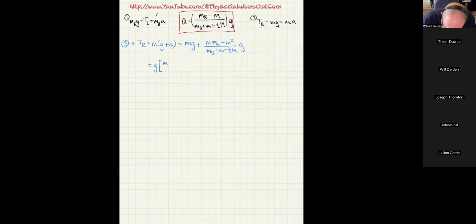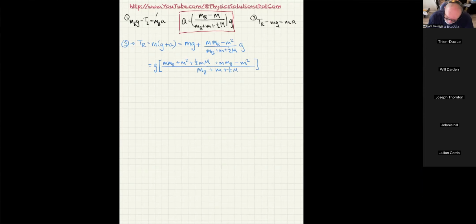So this is going to be M times MB plus M squared plus 1 half M times big M, all of that divided by the new denominator, which is MB plus little m plus 1/2 of big M. Now the other fraction luckily had a plus in front of it, so I don't have to worry too much about screwing that up, but it's going to be plus M times MB and then minus M squared, and the G is all out in front.